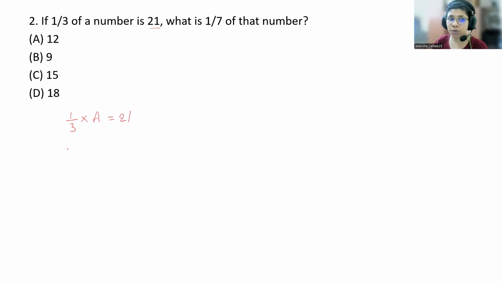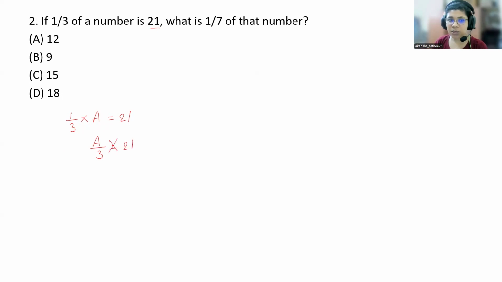From here you can compute the value of a. Let me write it again in a more simplified form. 1 by 3 into a is a by 3, equal to 21.